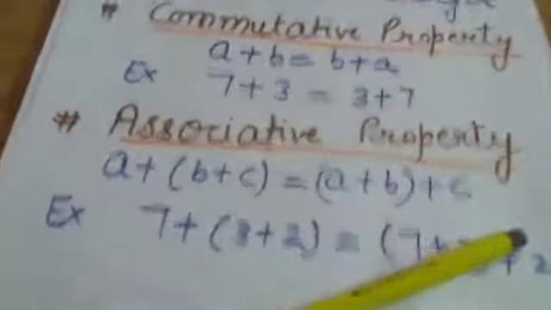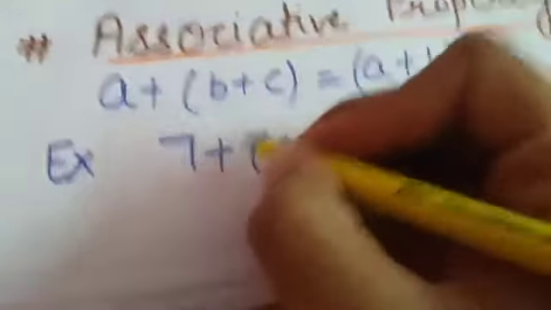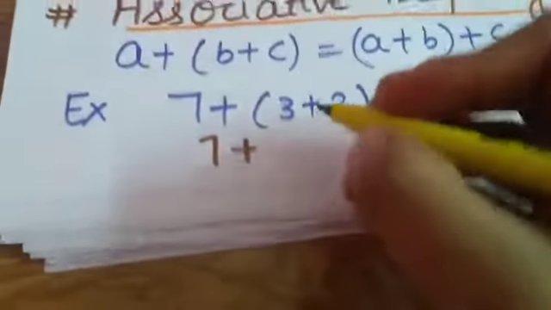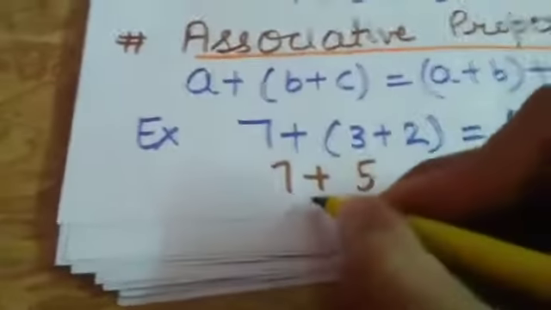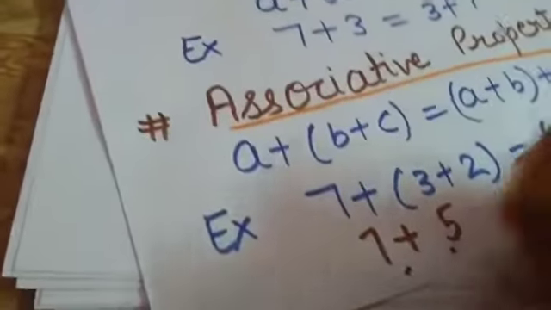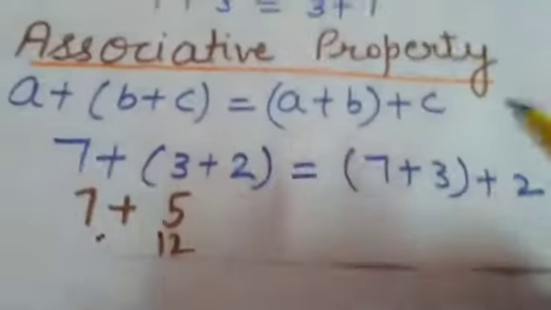So let us solve it and check whether this property is satisfied or not. On the LHS, you have to add these two integers first. 3 plus 2 is 5. It will be 7 plus 5, which is 12. You will get 12 on the LHS. Now solve the RHS.